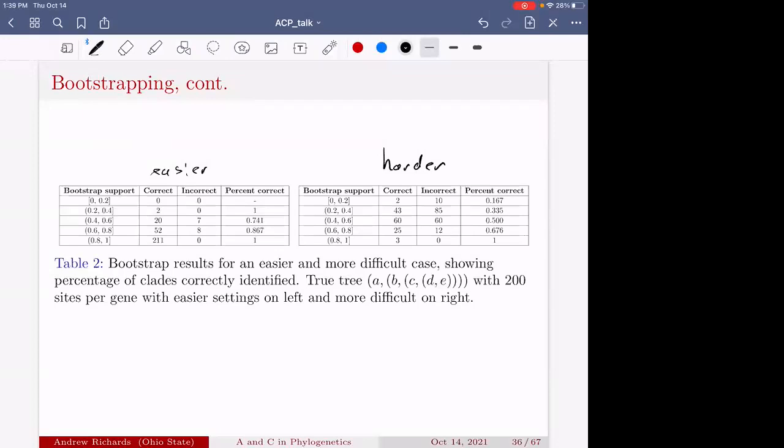In fact, if the tree was easier, your bootstrap support tended to really underestimate your actual accuracy. And so that's good, right? Because if we want a conservative measure of uncertainty, this bootstrap support tends to provide that.